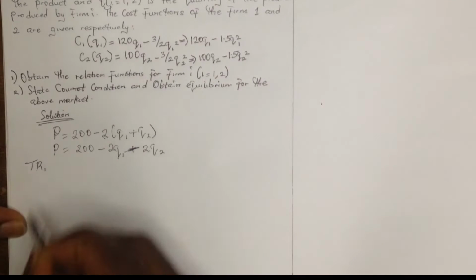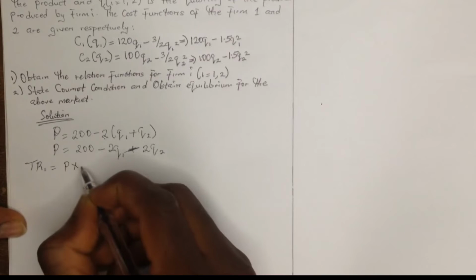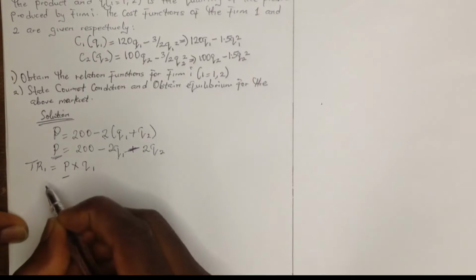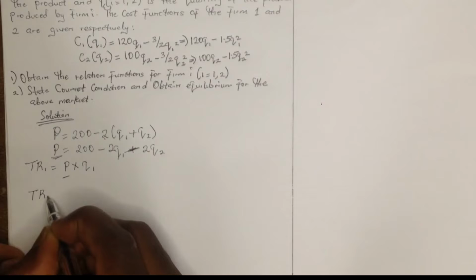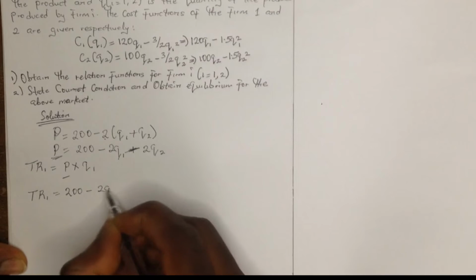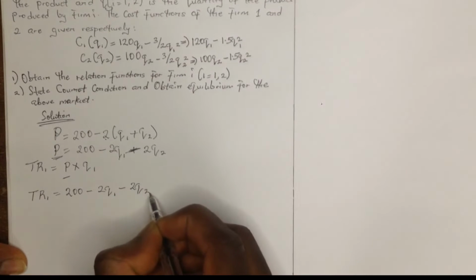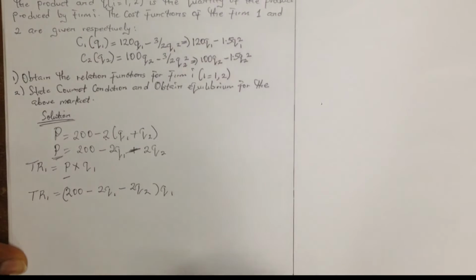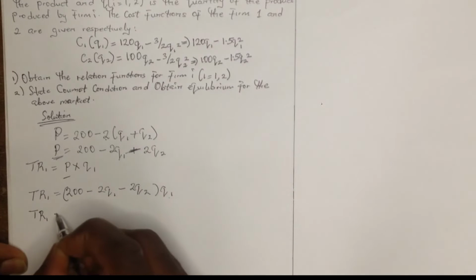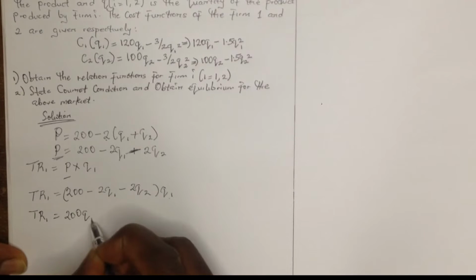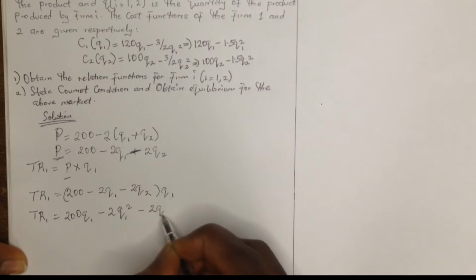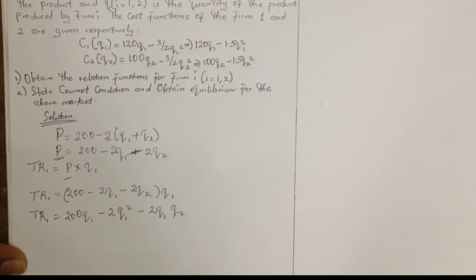Total revenue for firm 1 is P times Q1, so we slot in P: TR1 equals (200 minus 2Q1 minus 2Q2) times Q1. Multiplying through, TR1 equals 200Q1 minus 2Q1 squared minus 2Q1Q2. So we have the total revenue.